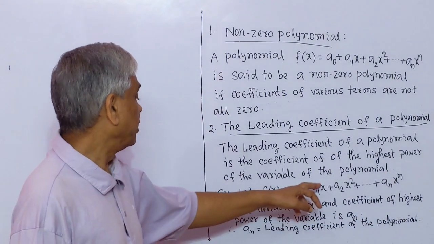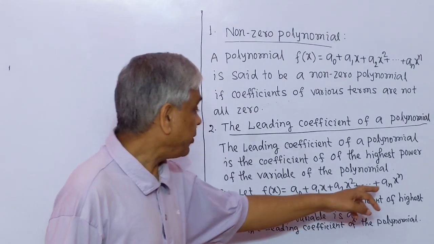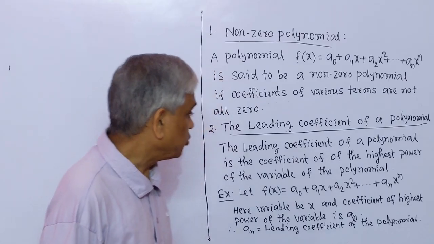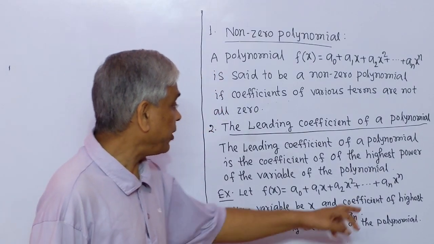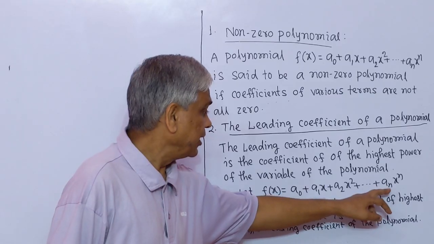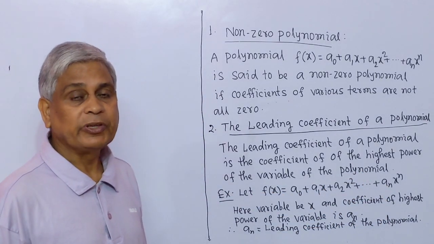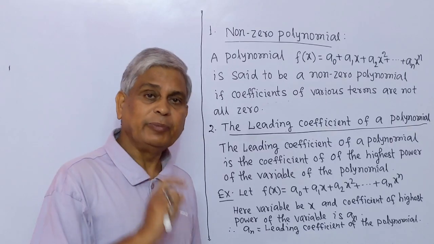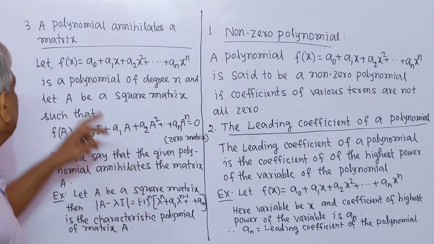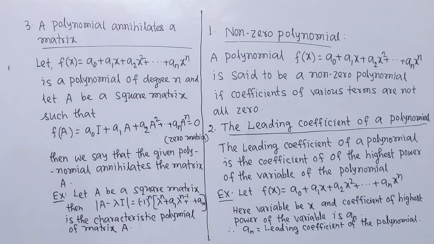Here variable be x and highest power of the variable is n. So coefficient of the highest power of the variable is an, and so an be the leading coefficient of the polynomial.